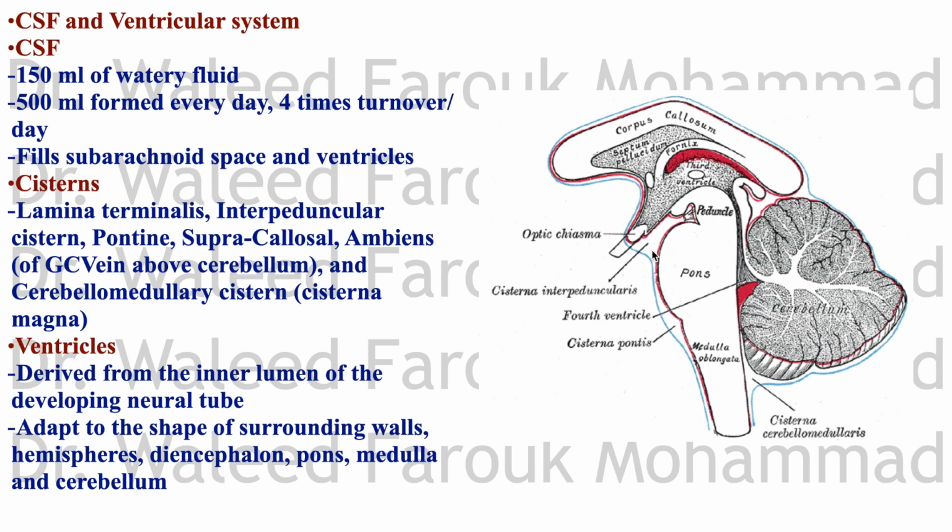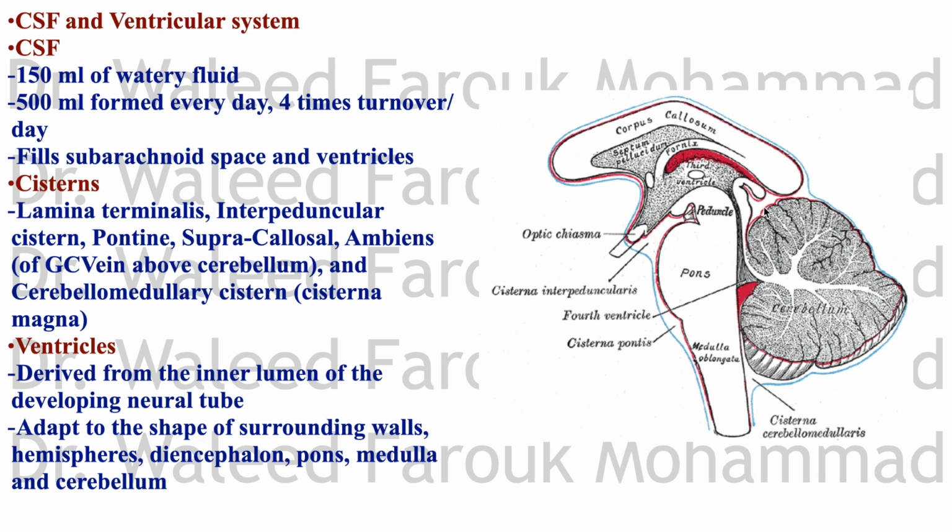It's called the interpeduncular cistern, and there is one in front of the pons called the pontine cistern, and a supracallosal cistern, and the one above the cerebellum, it's called the cisterna ambiens. It's where the great cerebral vein lies and passes through. It's above the cerebellum here.